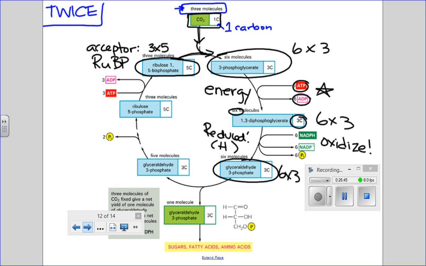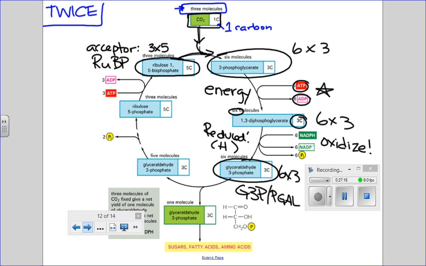Now these molecules are one of the places that I'd like you to know at least an abbreviation. It's called glyceraldehyde 3-phosphate. We're going to call it G3P. Sometimes it's also called PGAL because it can become an acid. I'll try to refer to it only as G3P since that's the one that's pictured here.